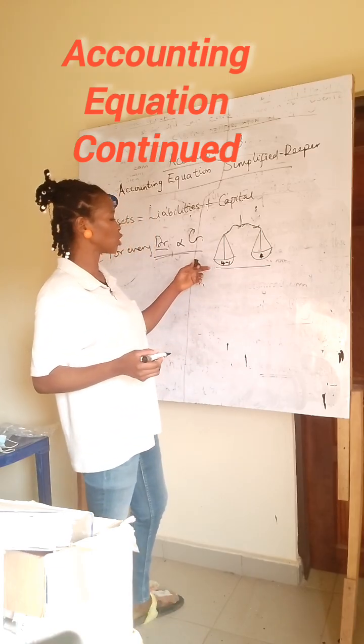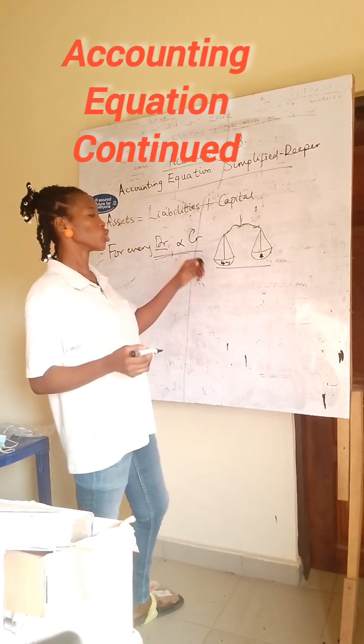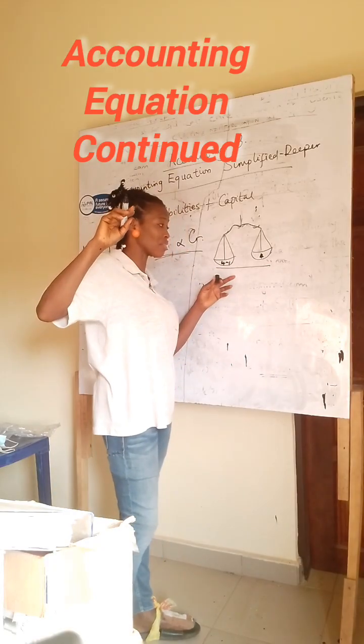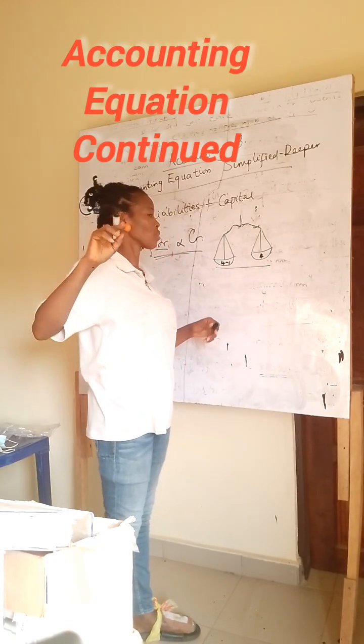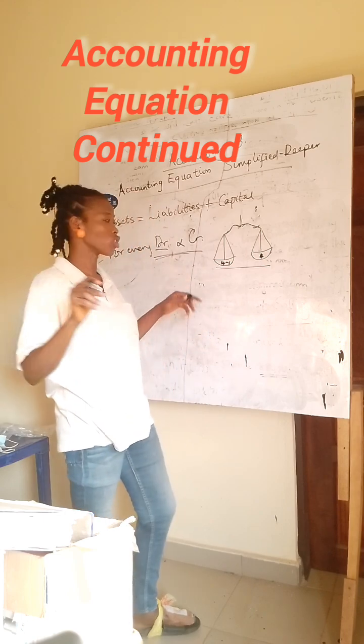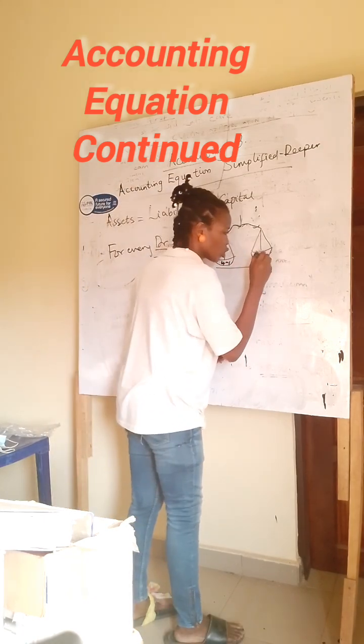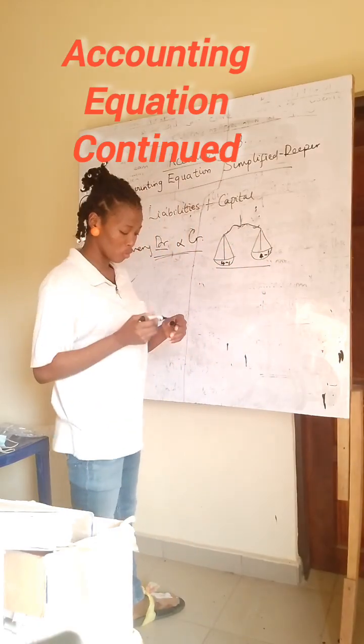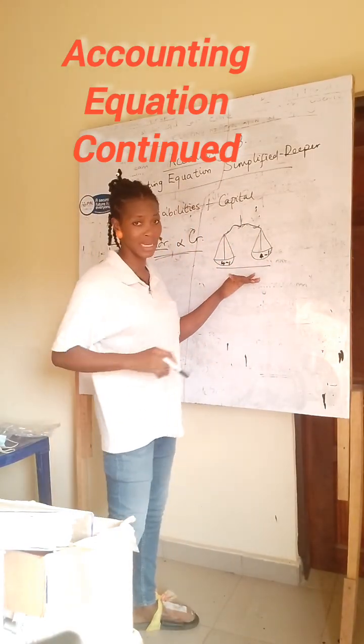Now, at this point, this is going to be a lot lighter. So there will be a possibility of this weighing balance to go more upward, because here is having 3 and here is having 4. But because the equation must always balance, something must happen to this side to give us -1, so that we might have 3, 3. So that at the end of the day, the equation will balance.